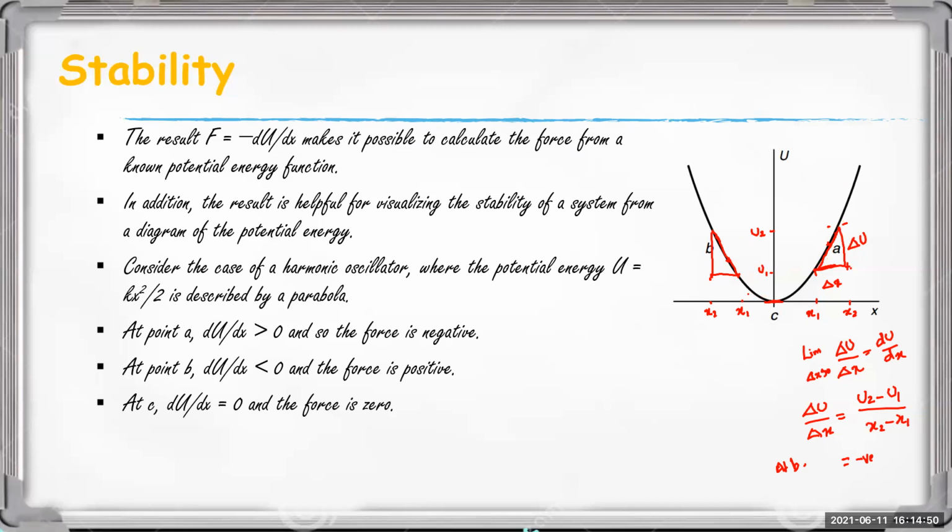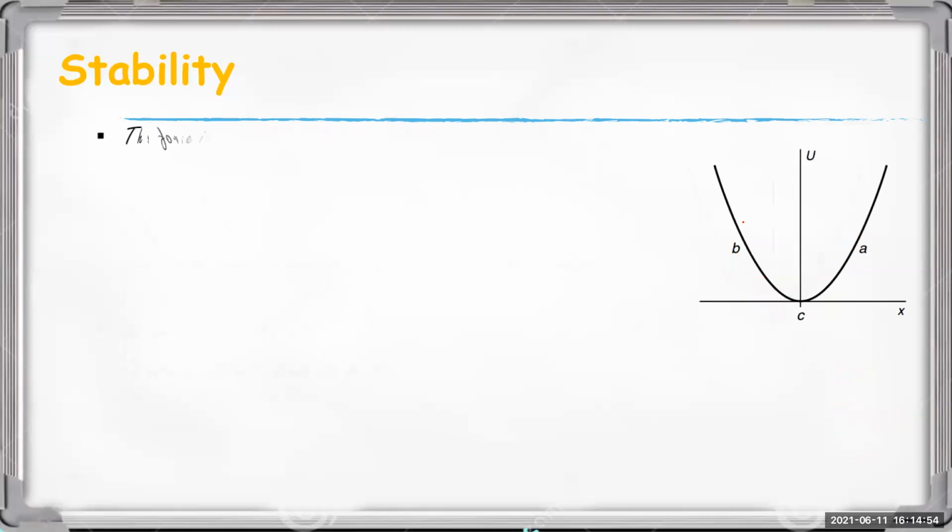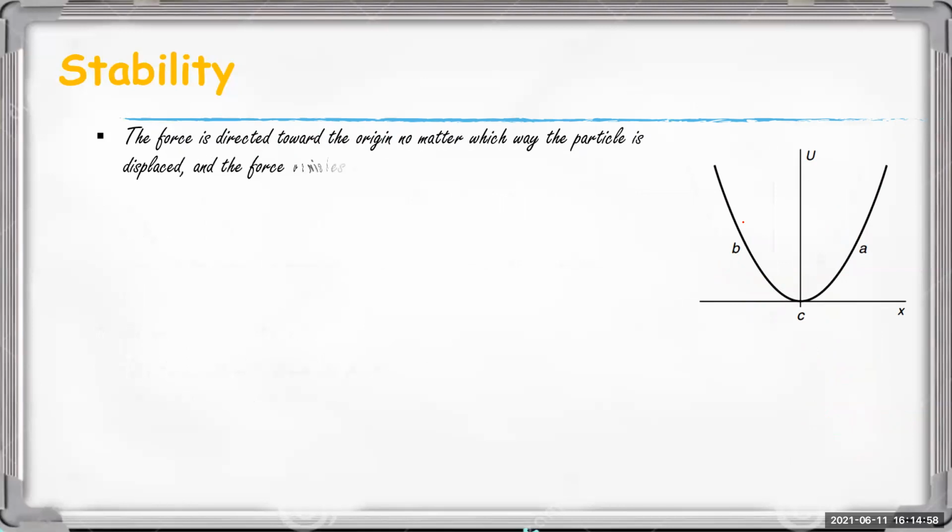This is a decreasing one. Here the force is directed towards the origin, no matter which way the particle is displaced, and the force vanishes only when the particle is at the origin.